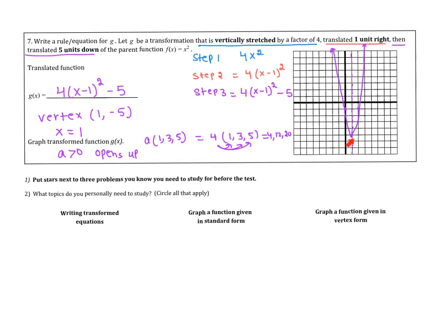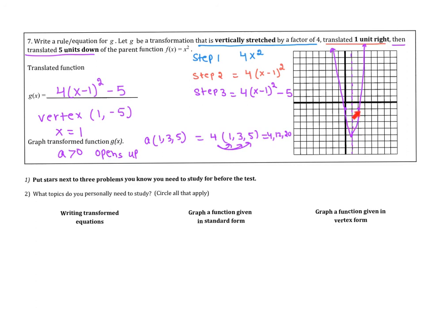So I started from this vertex point that is 1 comma negative 5. And I know that it opens up. So what I did is follow the pattern and multiply it. And then my first point is going to go up 4. So remember, this is a vertical stretch parabola. So the second point is 1, 2, 3, 4, 4 up.